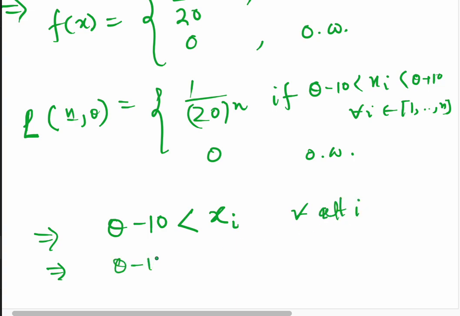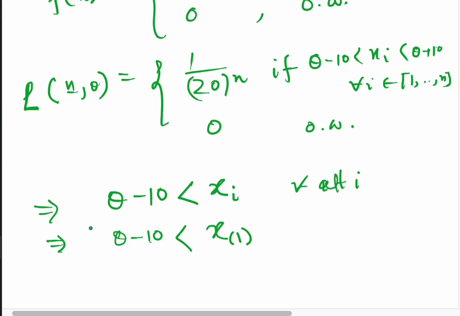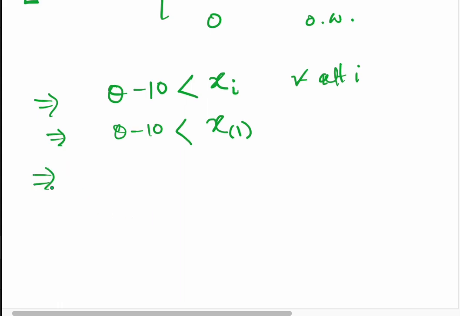That means theta minus 10 should also be less than the smallest observed sample in x1, x2, xn. So theta has to be less than x1 plus 10. That's the thing we can only say.